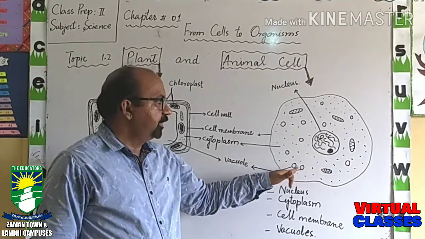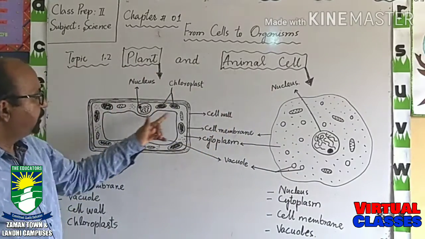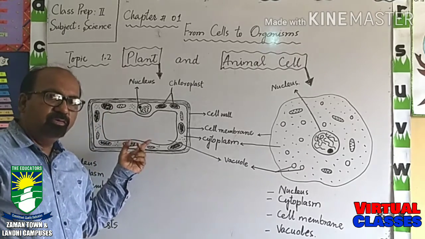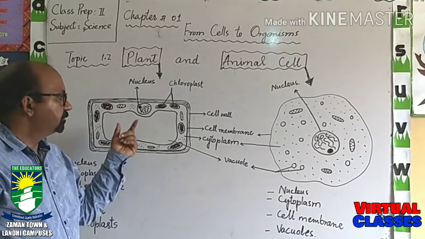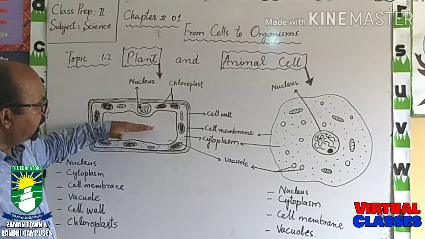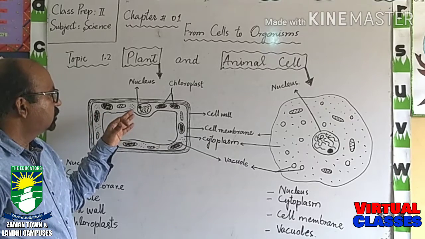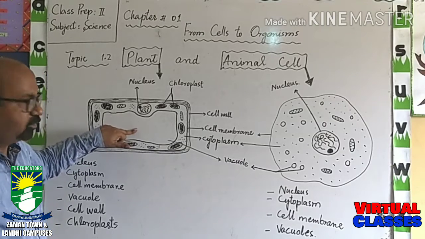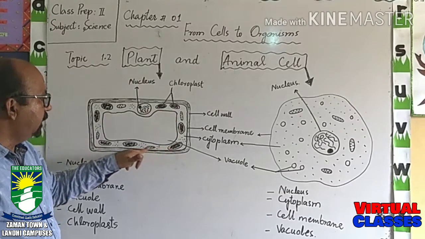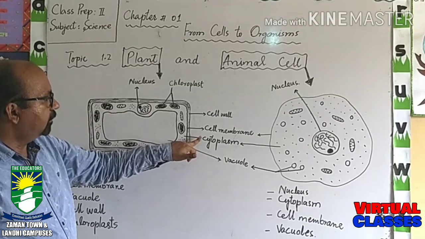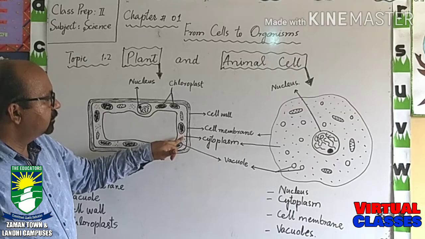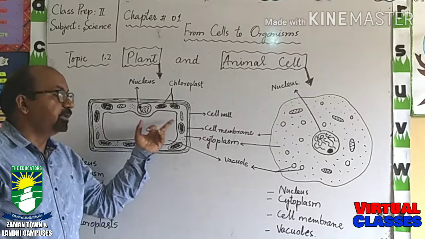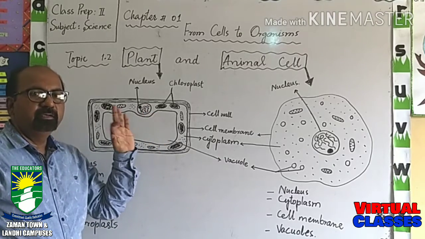They are more in number in the animal cell, but in the plant cell there is only one bigger vacuole which covers almost all the area of the cell, and due to the presence of a big vacuole, there is only a thin line of cytoplasm in the plant cell.